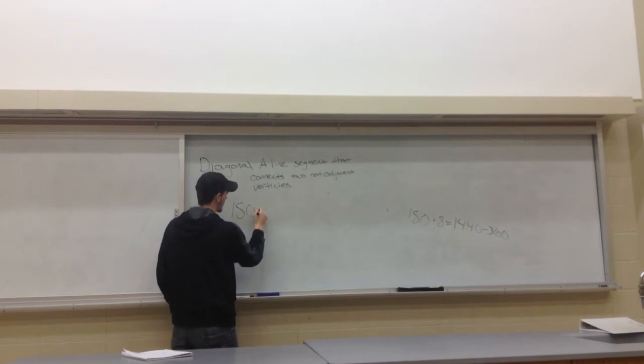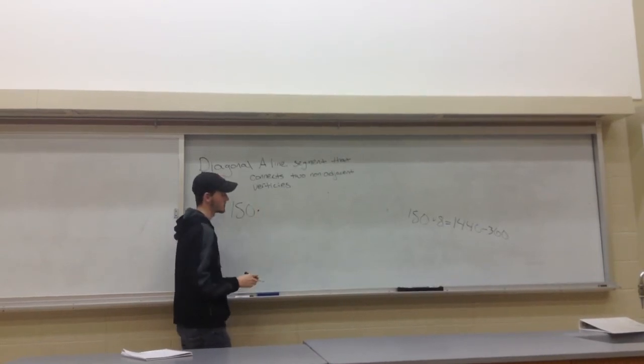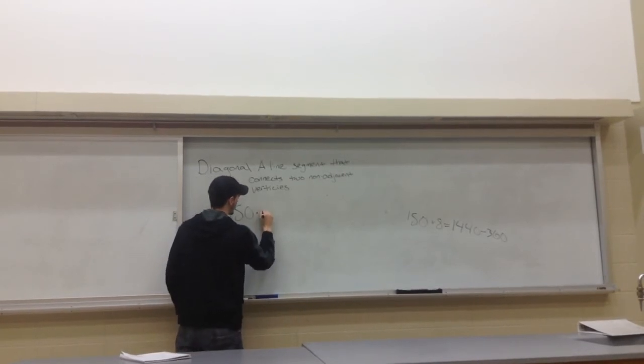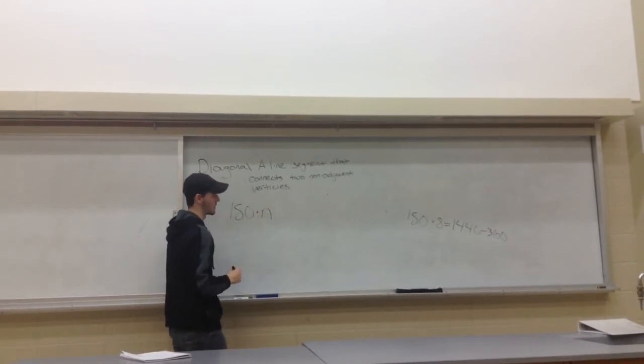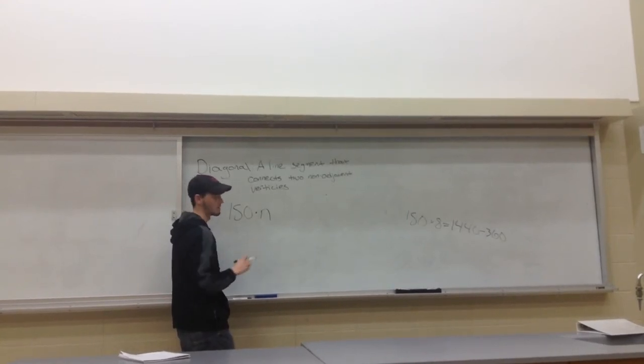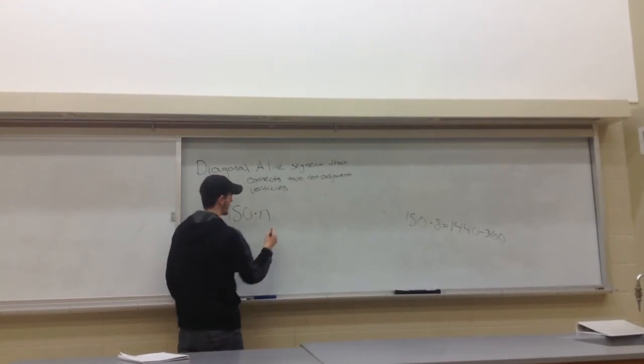And then we multiplied it by, what did the 8 represent? That represented the number of sides in the octagon. So the number of sides can be represented by n. And then we subtracted the 360 because that was the circle in the middle of our octagon.